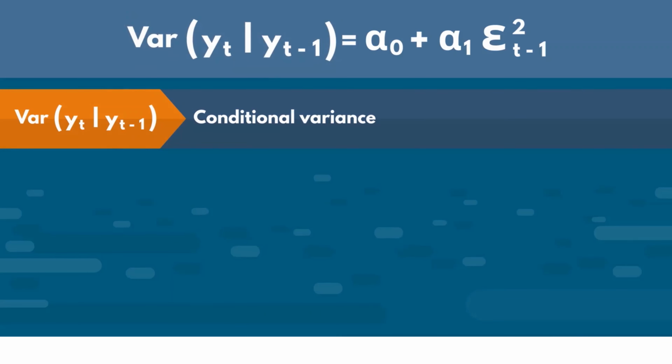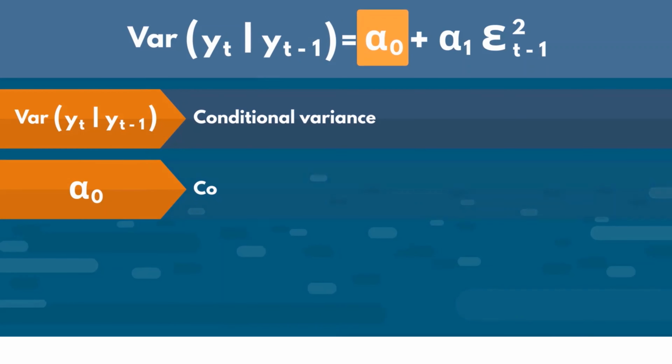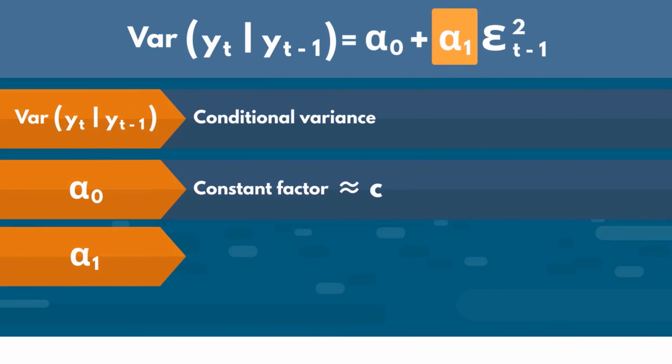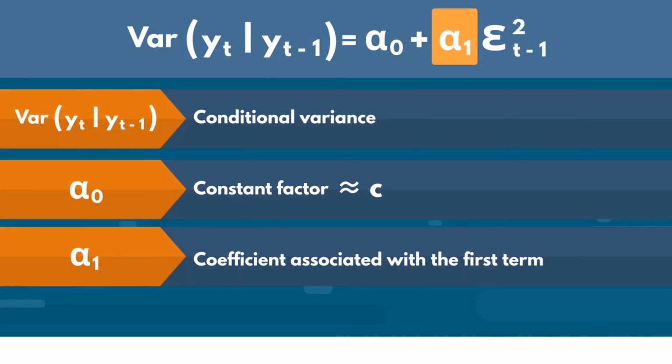Next, we have the term alpha null, which is a constant factor, similar to c from models we've examined so far. After that, we can see alpha 1, which is the coefficient associated with the first term. Moreover, it's equivalent to the theta 1 we used in the ARMA and ARIMA models.